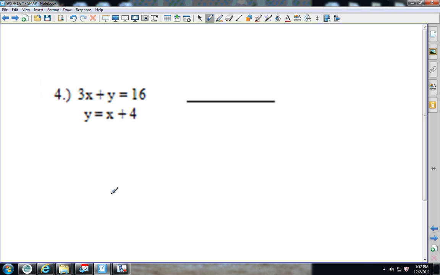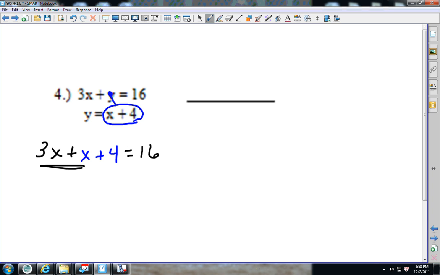Here's the next one. Is one of my two equations written in y equals form? Yes, it is right here. It says y equals x plus 4, so I'm going to put that in here for y. So I'm going to rewrite the top equation. It starts 3x plus, and then I put in x plus 4, and it equals 16.